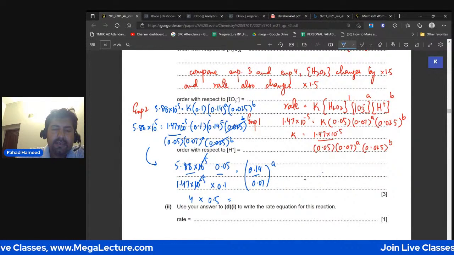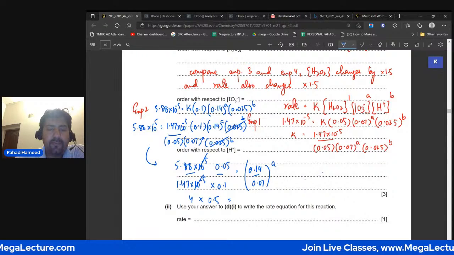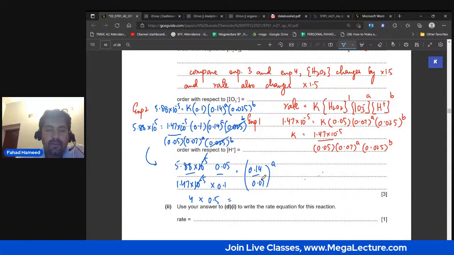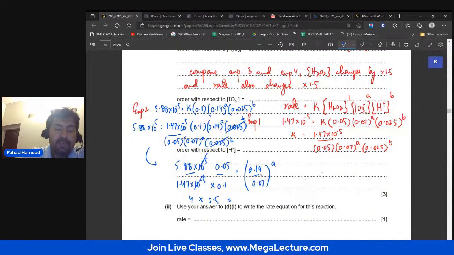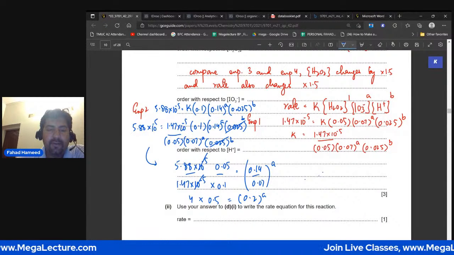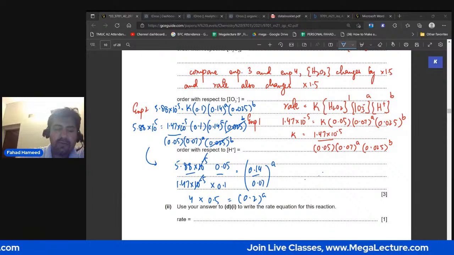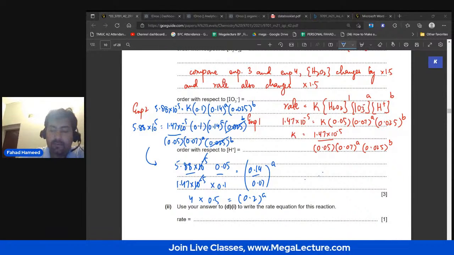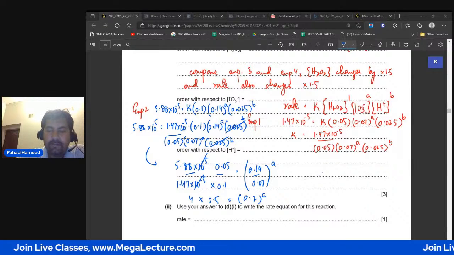And this over here is, what is 0.14 divided by 0.07? That's going to be 2 power A. But just to be careful, 0.14 divided by 0.07, let me do that. 0.14 divided by 0.07.